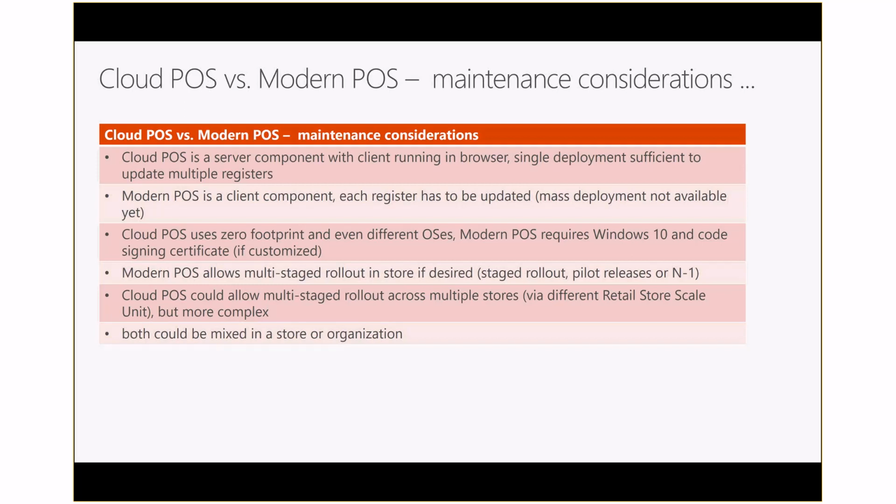I already mentioned the multi-staged rollout in the store, but not just for small pilot releases, but also for N-1. This might be an interesting scenario where we can have, of course, different Modern POS instances running at different versions.